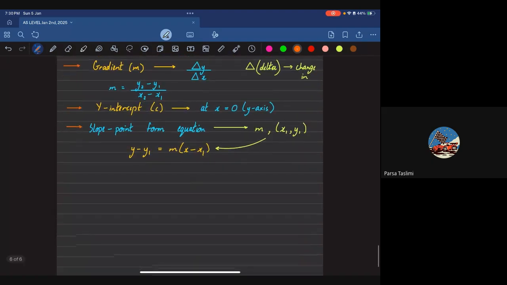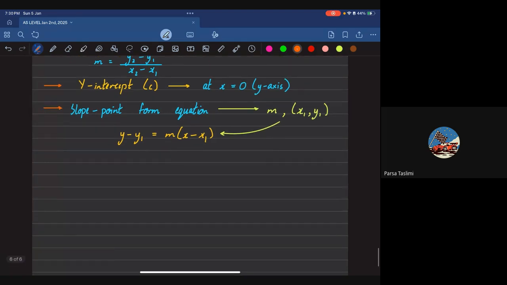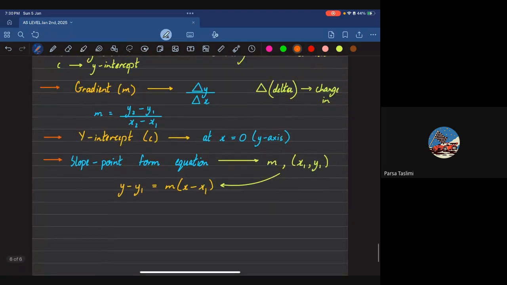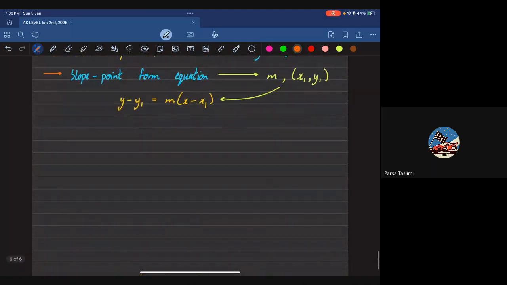Now, knowing all of this, I also need you to know how to calculate the length or the distance.